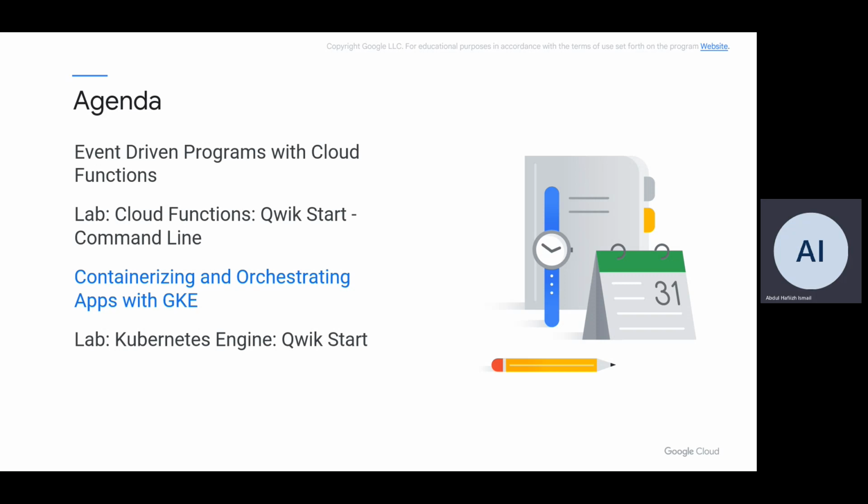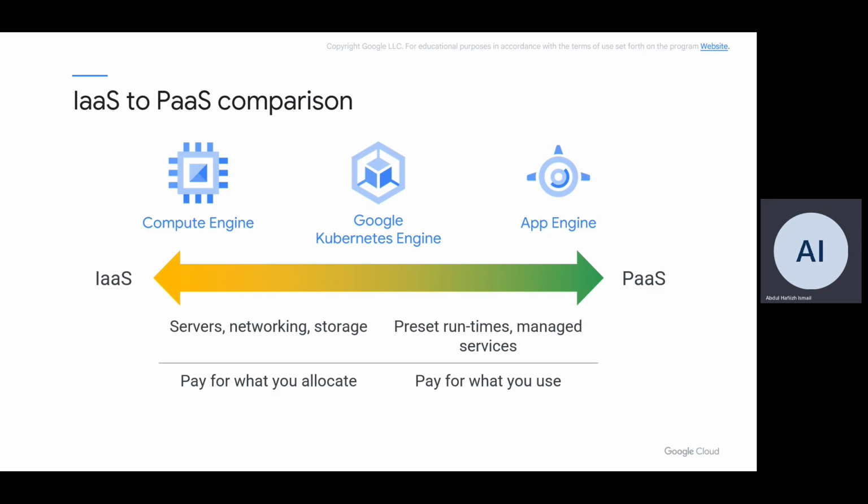So in this final topic, we will learn how to leverage Google Kubernetes Engine. So we've already discussed the spectrum between infrastructure as a service and platform as a service. And we've already discussed Compute Engine, which is the infrastructure as a service offering of Google Cloud with access to the servers, file systems, and networking.